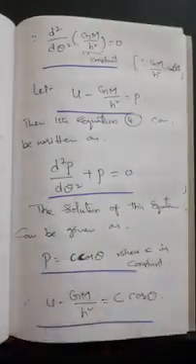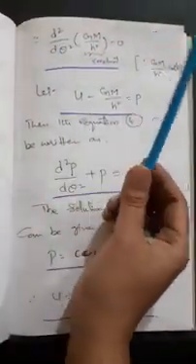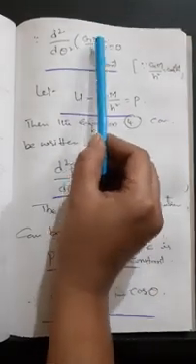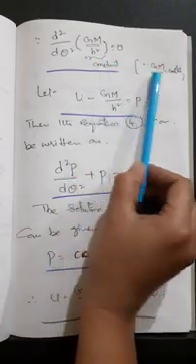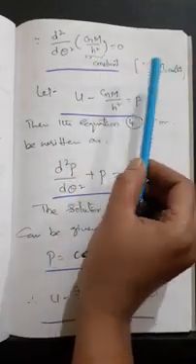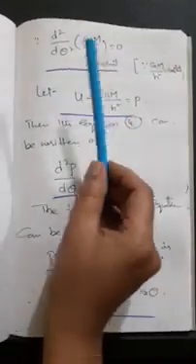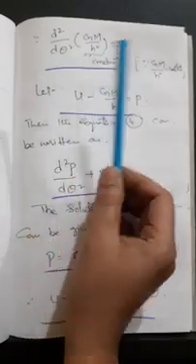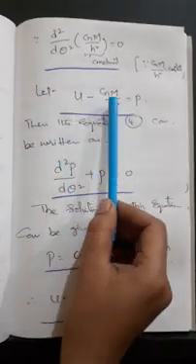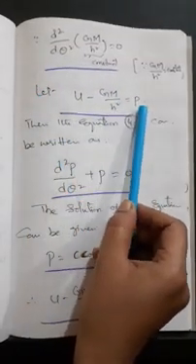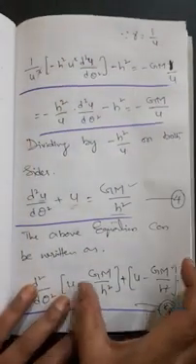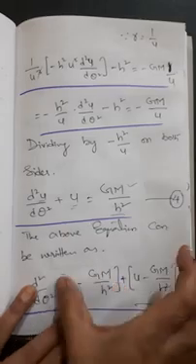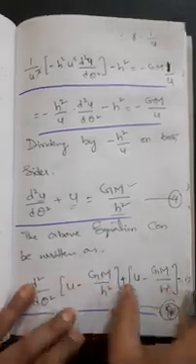Next, we know that gm by h square is constant: g is constant, m is constant, h is constant. So all are constant. So this can be written as d square u by d theta square, where u minus gm by h square is equal to p. Here u minus gm by h square is written as p.